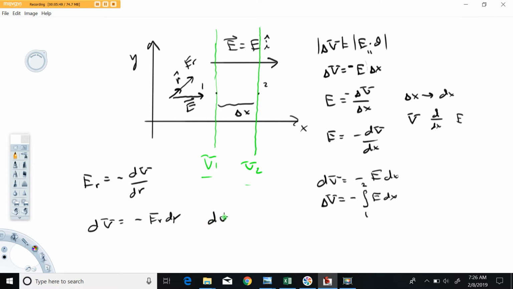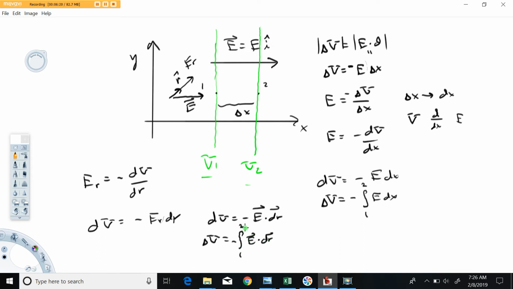So we can write dV is equal to minus E dot dr in the language of vectors, because E dot dr is the magnitude of E, times the magnitude of dr, times the cosine of the angle between them. But E cosine theta is the projection of the electric field vector in the direction of r. And then the difference in potential is the integral of this expression, minus E dot dr, from position 1 to position 2.